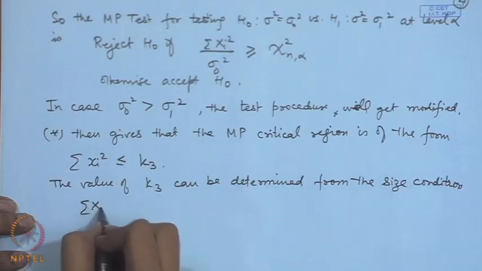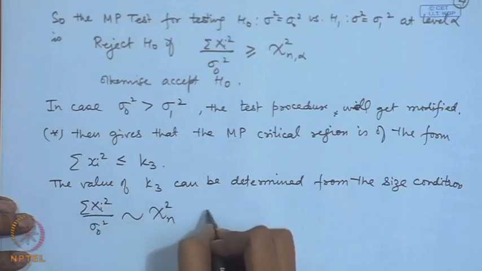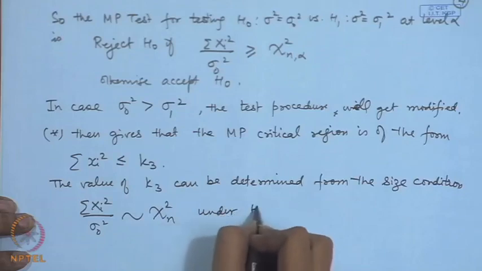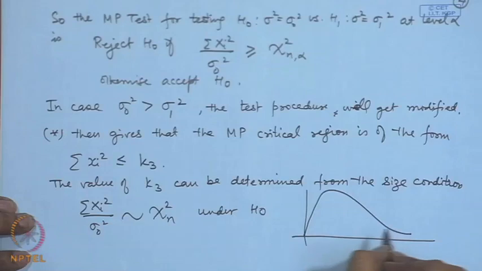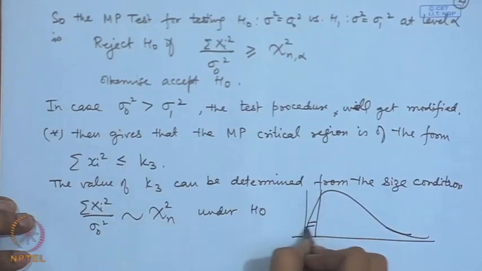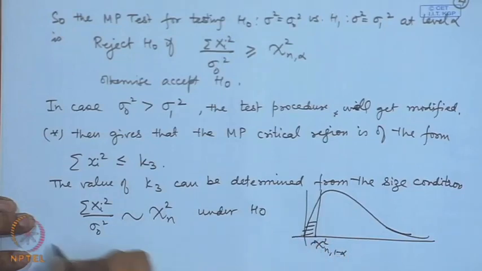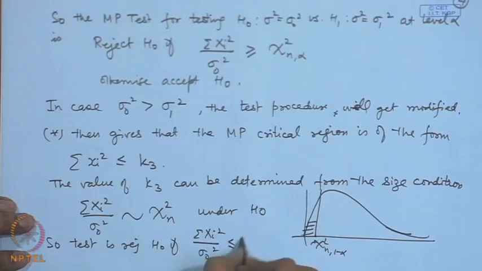Now, once again we will have sigma x I square by sigma naught square, that will follow chi square n under h naught. So, now what is happening is that we need this less than or equal to quantity. So, this will become chi square n 1 minus alpha. So, test is reject H naught if sigma x I square by sigma naught square less than or equal to chi square n 1 minus alpha.